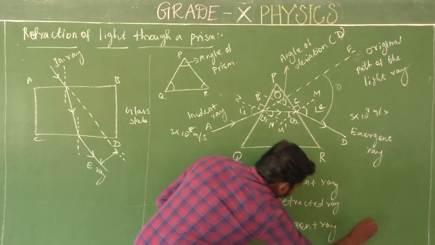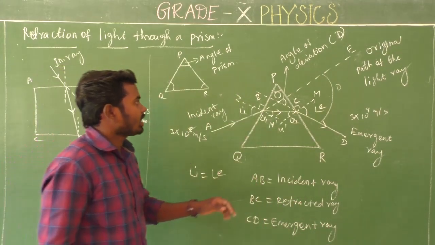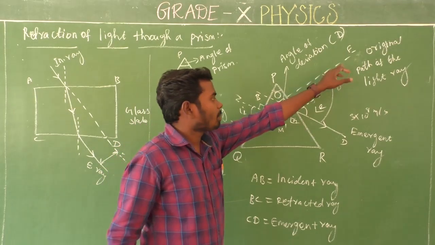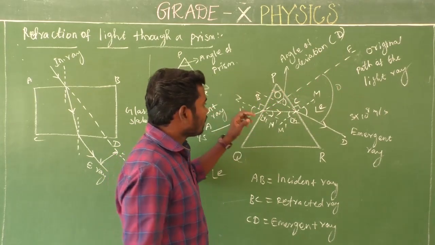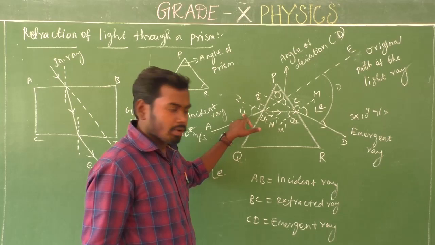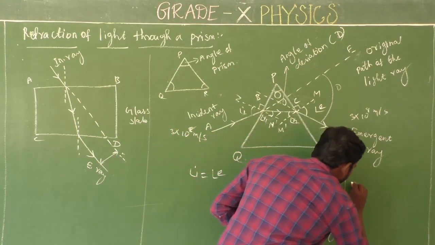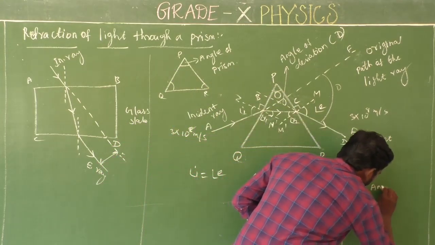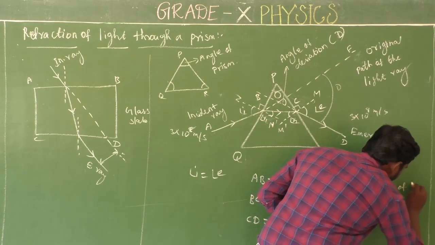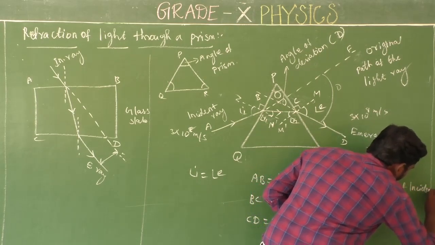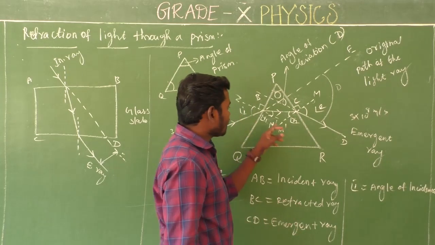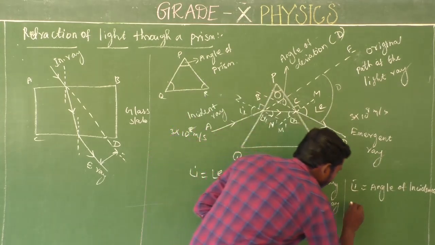Then A is the original path of the ray. Already we know that very well. Then i is the angle of incidence. Then r1 is the angle of refraction.